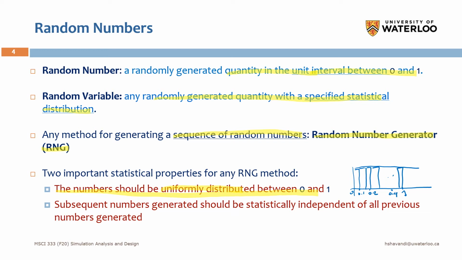The second property is that subsequent numbers generated should be statistically independent of all previous numbers generated. What does this mean?